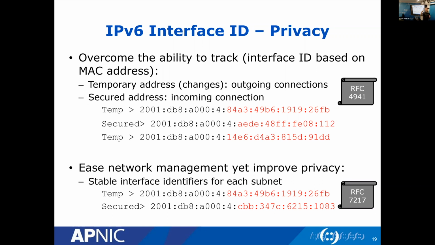Obviously, my routers, my firewalls, and everything will track that all the way through as part of that session, and then the traffic will come back to me. If I have a secured address, that's my address that's assigned to my interface, and I may want to receive traffic on that. For instance, I might have a web server sitting somewhere, and I want that address on there, but I might be doing other things from that server, and I can use that temporary address.